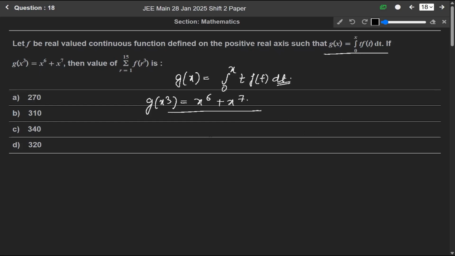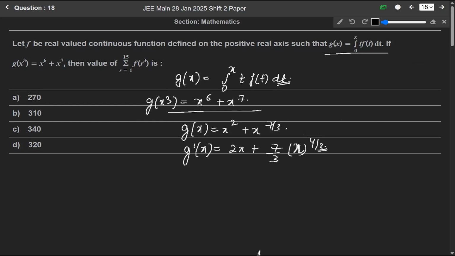So when we integrate it, when we double integrate it, we get g(x) is equal to x square plus (7 by 3) x^(7/3). Okay, so now if we differentiate it, we get g dash x will be equal to 2x plus (7 by 3) x^(4/3).